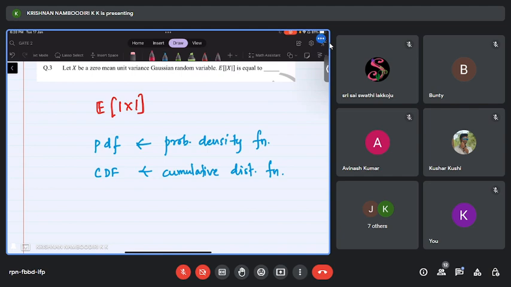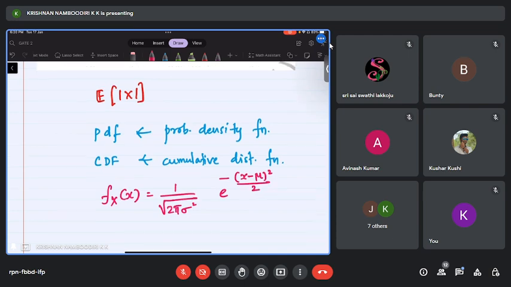The PDF of the Gaussian random variable is denoted as f_X of x. This capital X denotes the random variable, and this small x denotes the realization, or the value that it can take. So this is equal to 1 by root 2 pi sigma square, or you can take sigma square outside and write it as sigma, e power minus (x minus mu) the whole square divided by 2 sigma square.